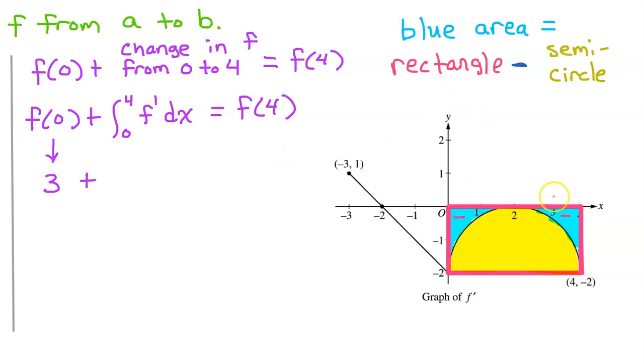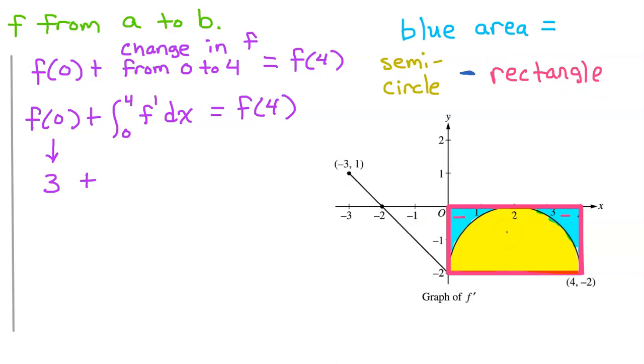Specifically, the blue area will equal the rectangle minus the semicircle. However, remember that we want the blue area to be negative. So let's do semicircle minus rectangle. That's the smaller area minus the larger area. That way, the blue area will be negative like we want.